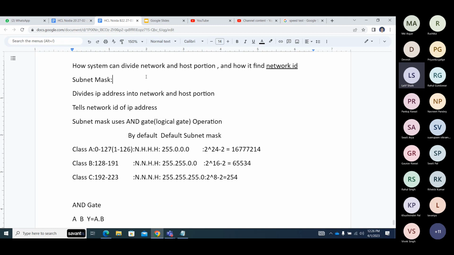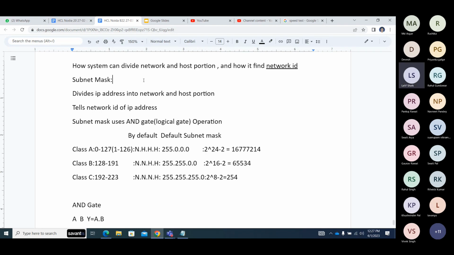Okay, so how can the system divide network and host portions? Guys, by looking at an IP address, we understand the class of the IP address, and we say by default this is the network portion and this is the host portion. But how will the system define what is the network portion and host portion? How does the system find the network ID?